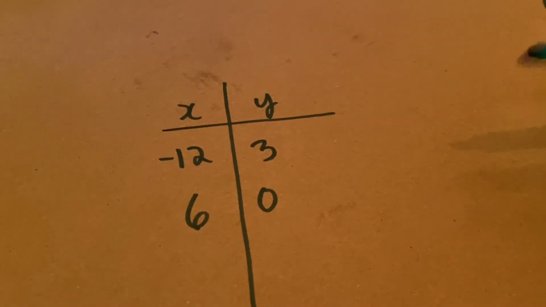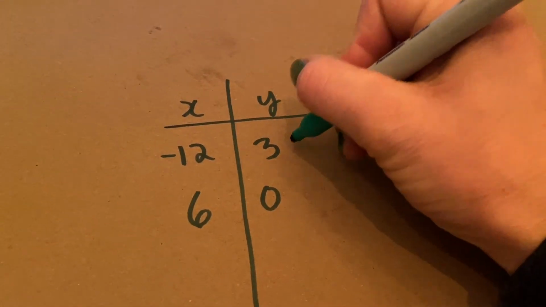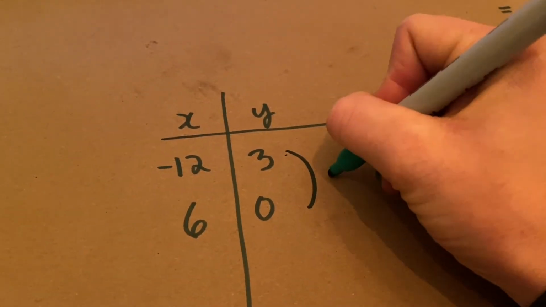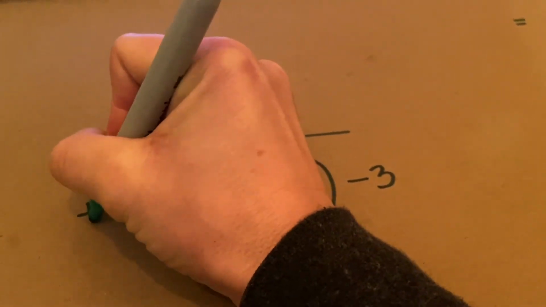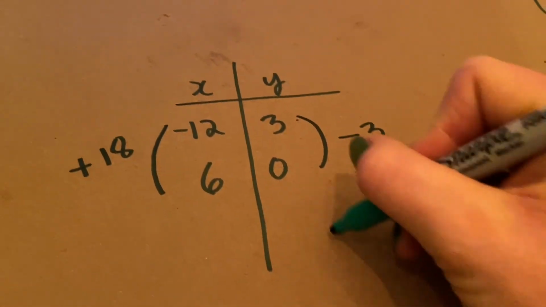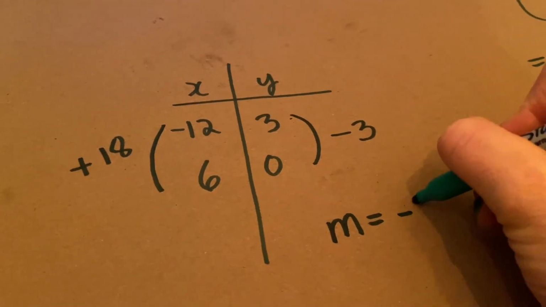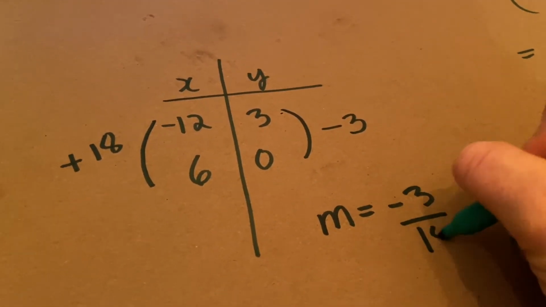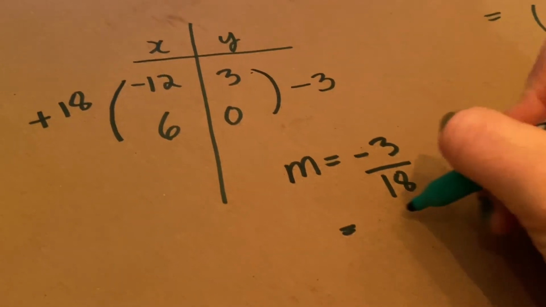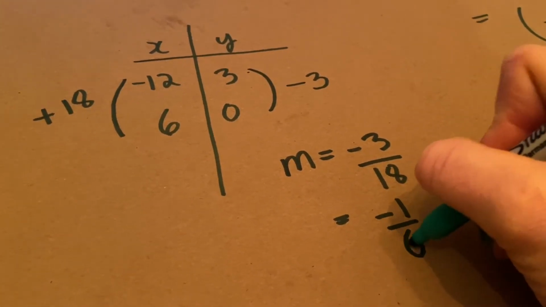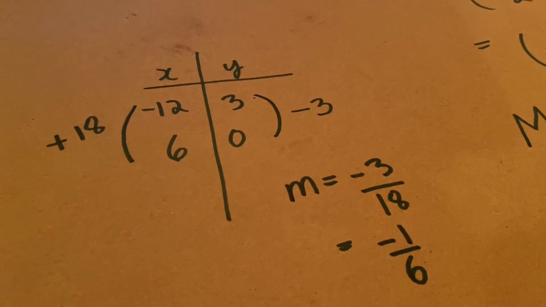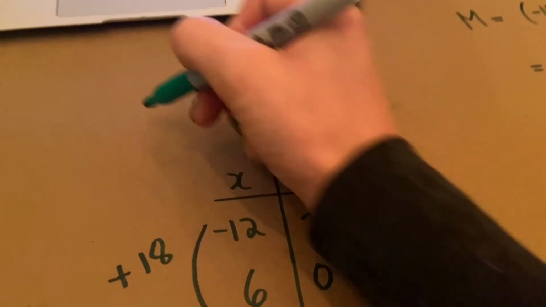And so I want to find the slope between these 2 points. Here, this is going down 3. Here, this is going up 18. So my slope is going to be -3 over 18. And I can reduce that fraction. That's the same thing as -1 over 6. There is my slope.